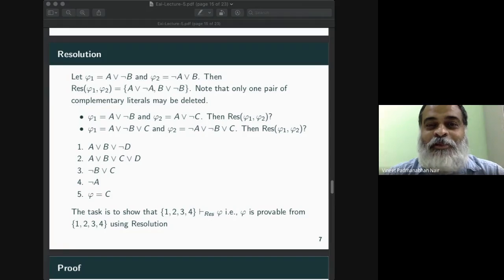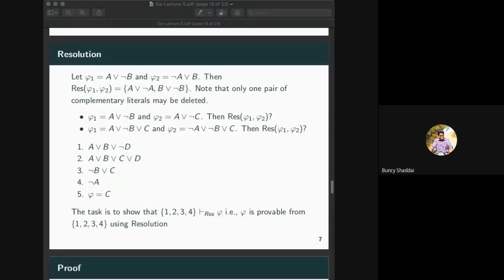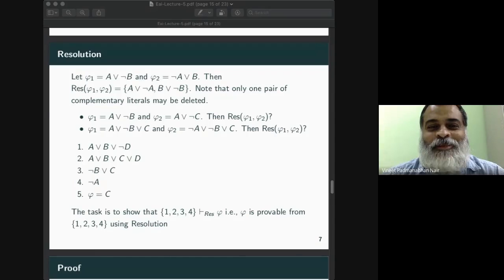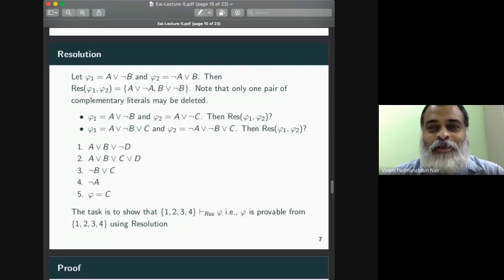Nobody is answering. Yes, sir. Okay. So did you understand the concept of resolution? Yes. So what is the answer then for the first item?